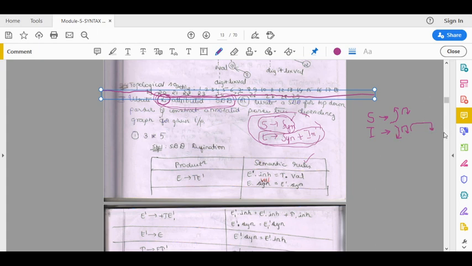Okay, so kindly understand this particular annotation or the diagram, whatever you say. This is the reference, right? Synthesized is from child to parent or itself, but here in the inherited attribute, it is from parent to child, as the name specifies, itself, as well as from the sibling.